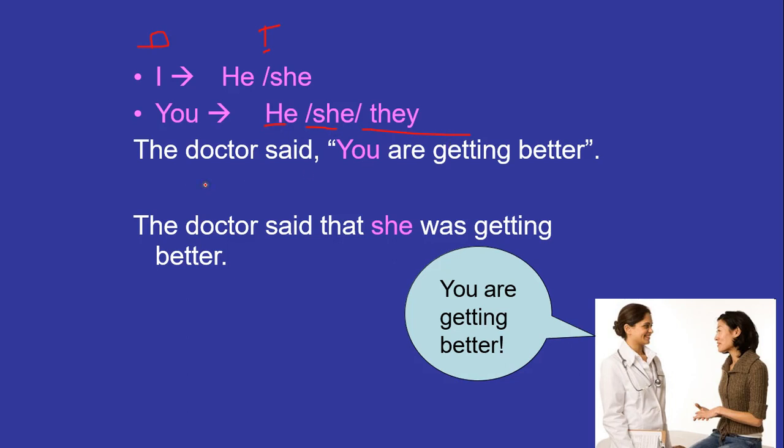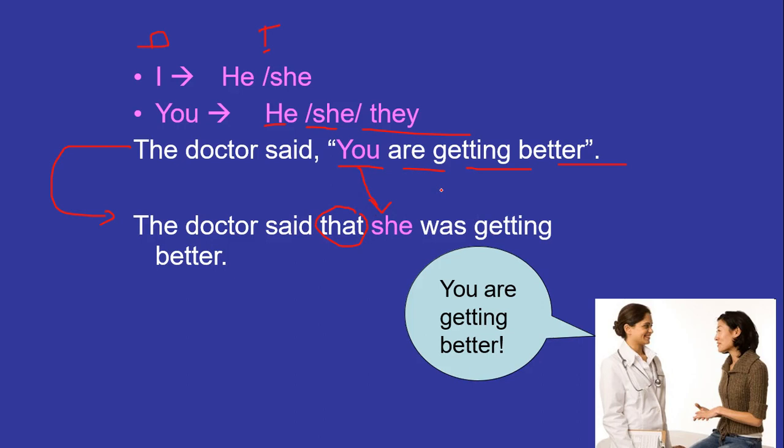Example: the doctor said, "You are getting better." Let's change it into indirect speech. The doctor said that she was getting better. Why? That's the rule, because somebody reported.